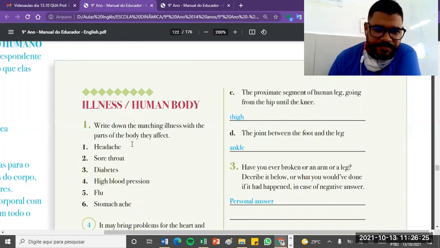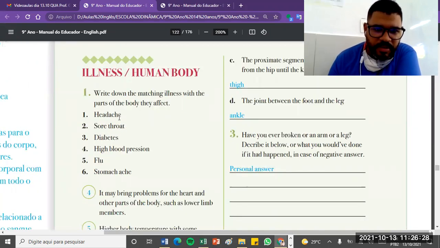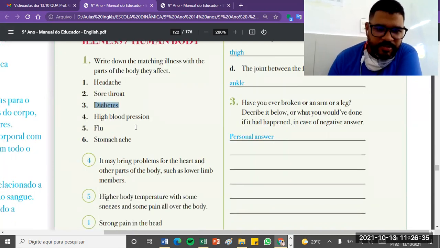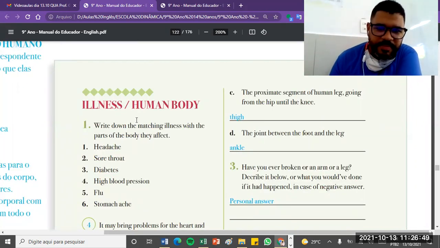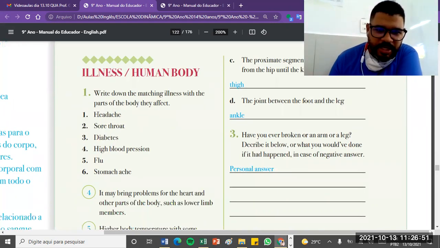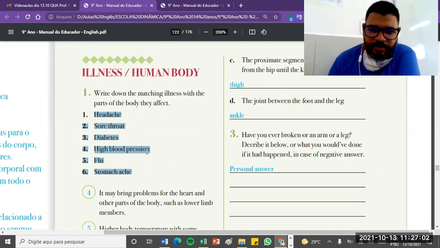For example, head, headache. 1, 2, sore throat. 3, diabetes. 4, high blood pressure. 5, flu. 6, stomachache. So we have some parts of the body, and on the first column here, we have some problems, some diseases that can affect us and cause us some problems actually.